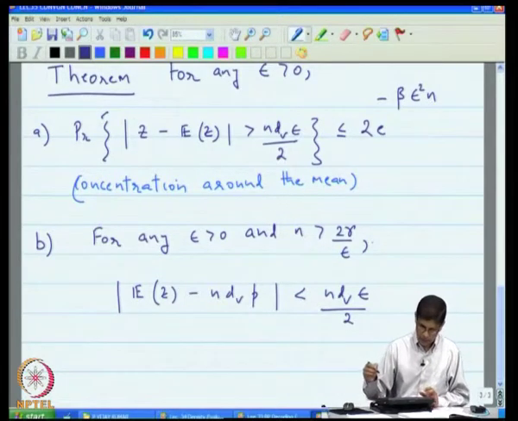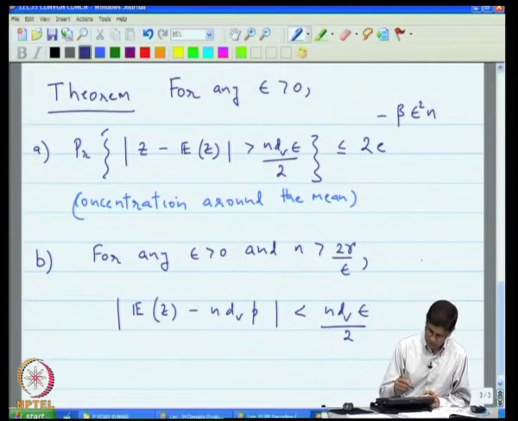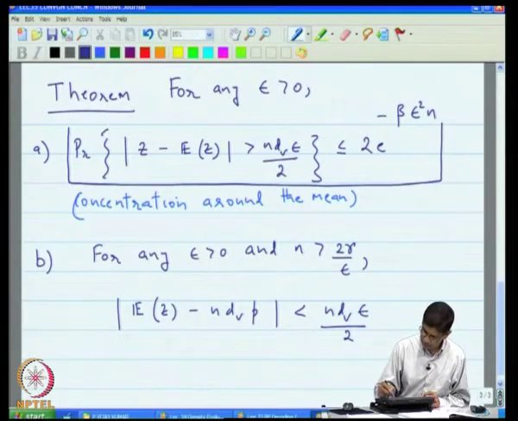Okay. At the same time, I would like to give these equation numbers as well. So, let me box this.